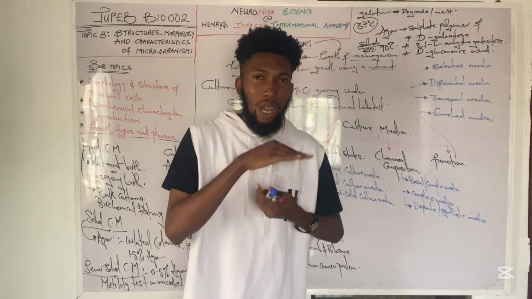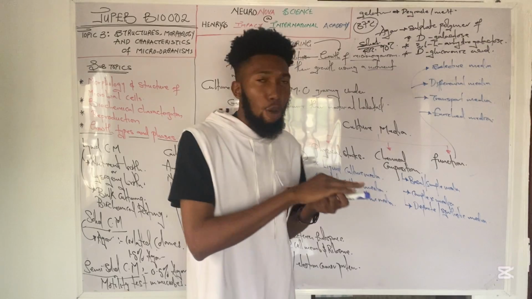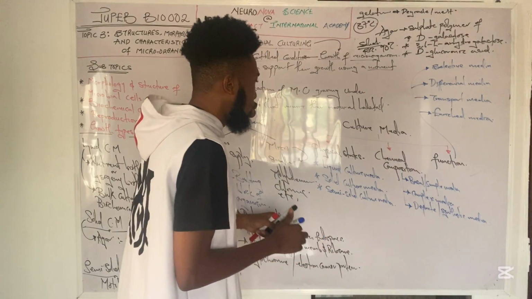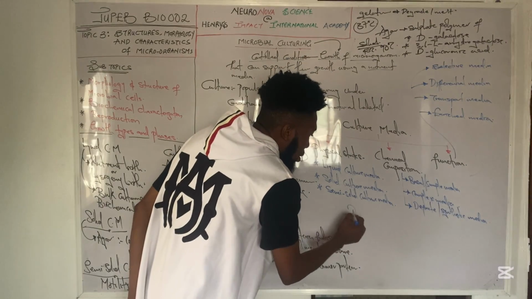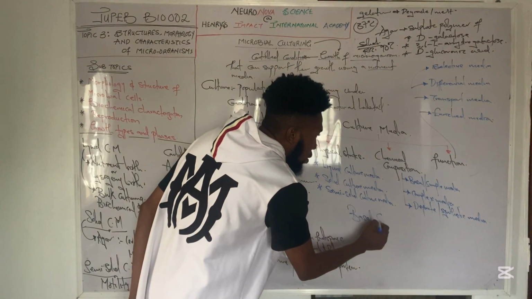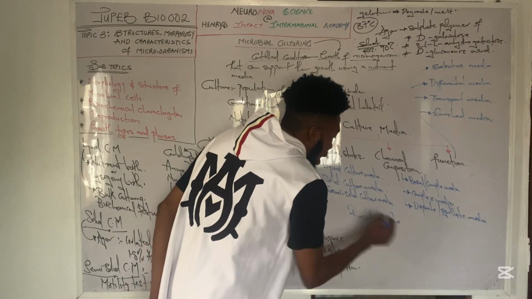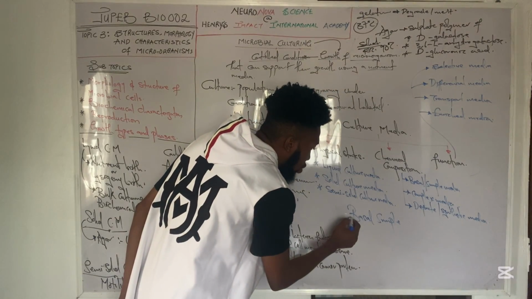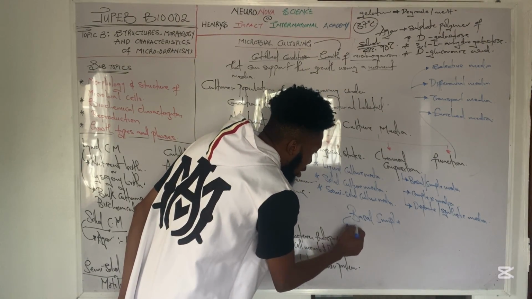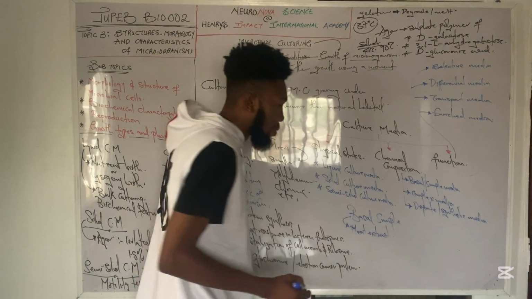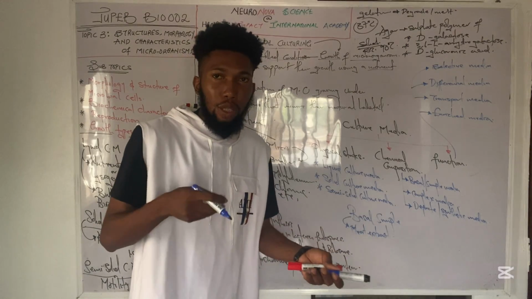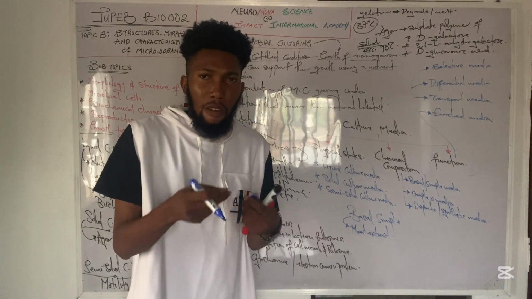So the two major things you want to have in your basal or your simple media are your beef extract, or you can call it your meat extract, which is usually obtained from meat. You extracted the fluid or a liquid from meat.